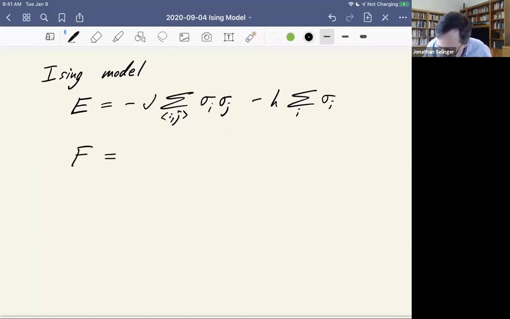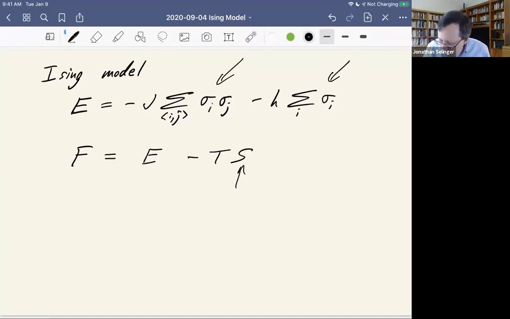That's the energy minus temperature times entropy. We know how to calculate the entropy in terms of the magnetic moment, or the order parameter M. We know how to calculate this term in the energy, but how do we calculate this term?